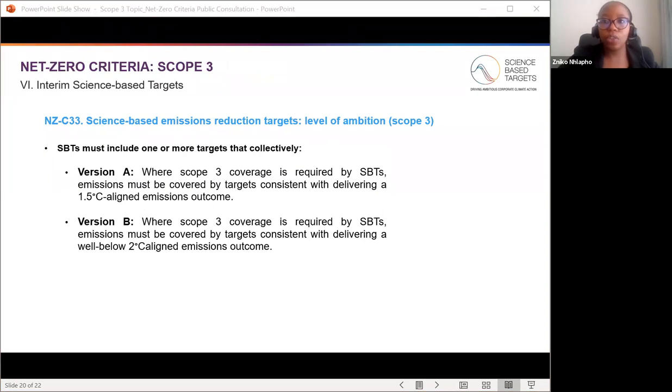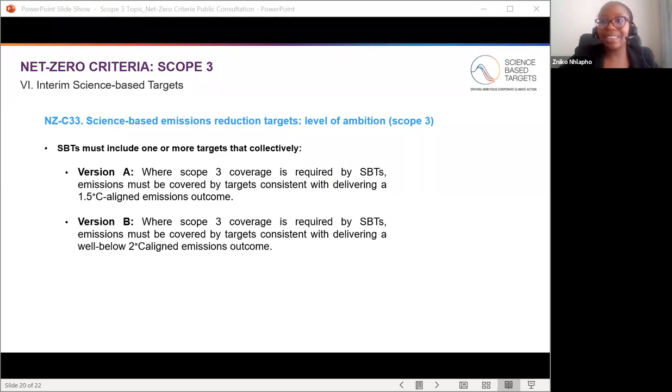And then moving along to Criterion 33, which speaks of the level of ambition for science-based Scope 3 reduction targets. Here we've got two different versions that we are presenting for the public consultation, version A and version B. For version A, emissions must be covered by targets consistent with delivering a 1.5 aligned emissions outcome.